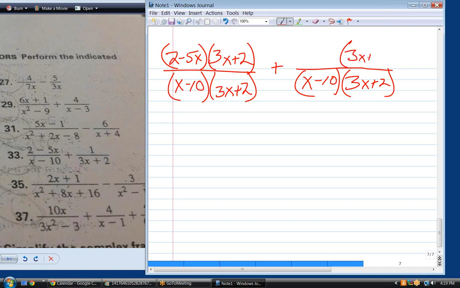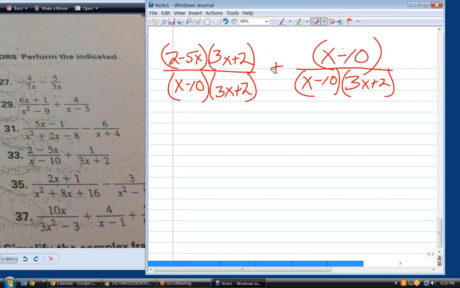So right away I'm going to put my 3x plus 2 over there, and I got 1. It wouldn't be 3x plus 2 on that. Right. Thank you. I messed up there. That'd be x minus 10 in parentheses. Now, it turns out in this case, we don't really need the parentheses because we're adding. We're not going to get a sign messed up if we leave them off. But just as a standard practice, I think it's always good to put the parentheses there.